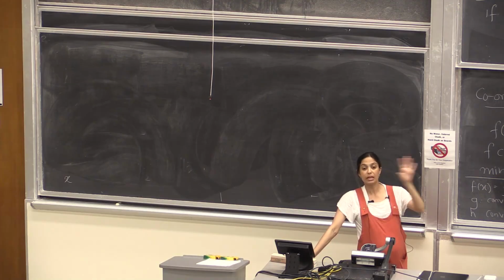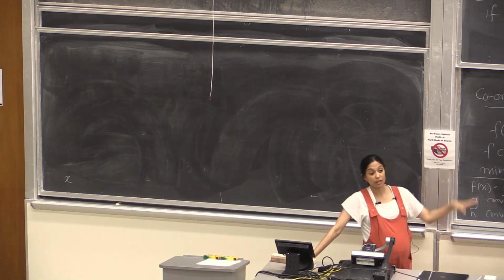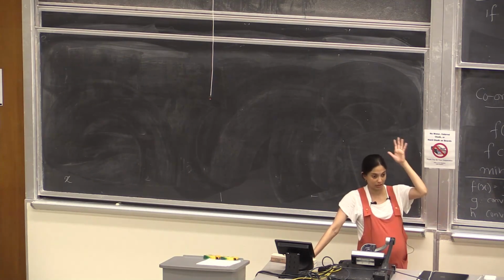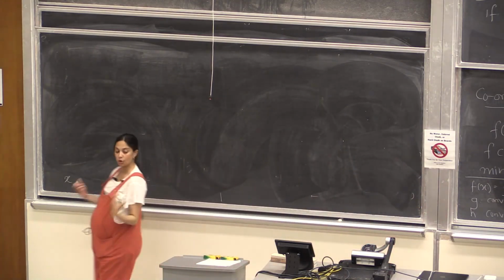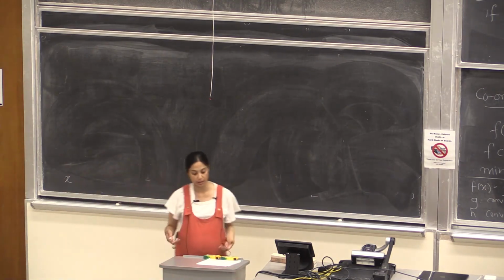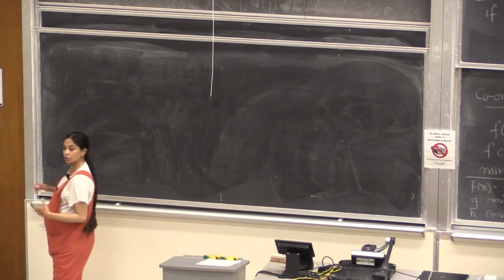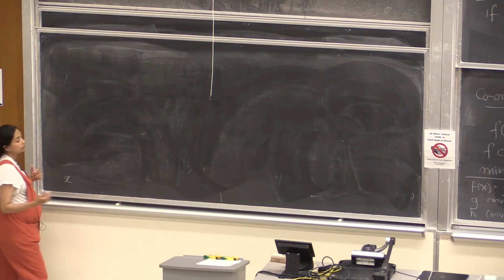So we're leaving the realm of lasso, we're leaving the realm of L1 regularization. That ends here. But I now want to talk about what is called Newton's method, which is a second order descent method.